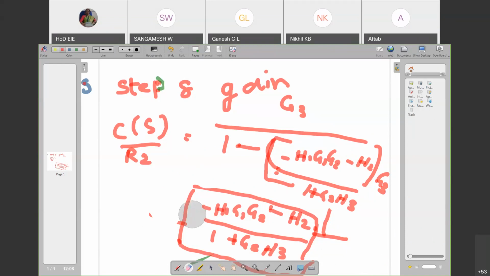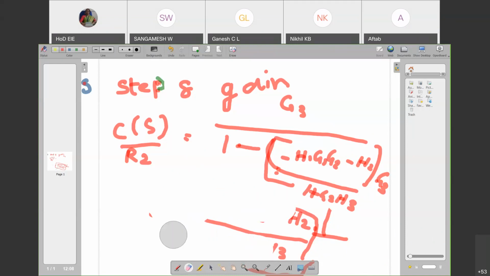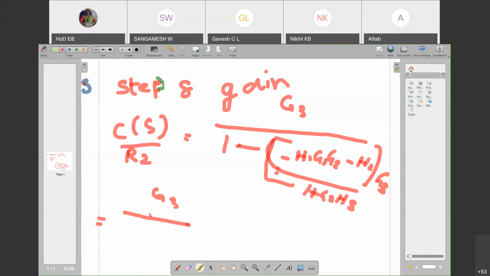Let us simplify that as well. So I'm trying to do here the final output. Again, G3 by LCM 1 plus G2 H3. This LCM also goes here, 1 plus G2 H3.